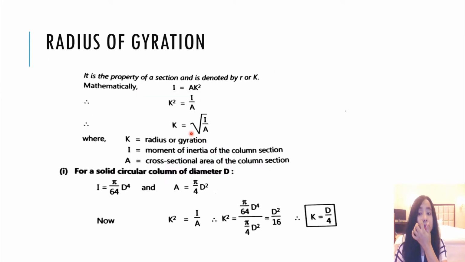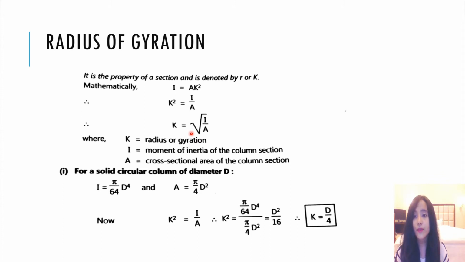Now next, radius of gyration. This radius of gyration is also used time and again. We have already come across this term from unit number 1 itself. So what is radius of gyration?